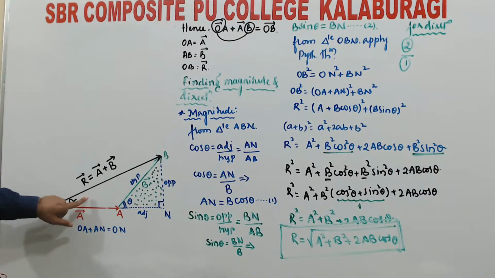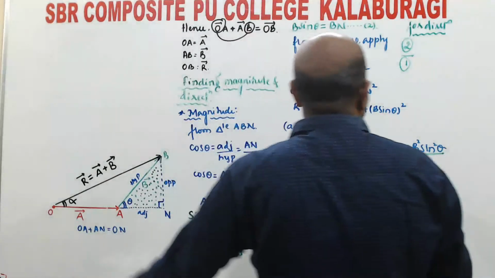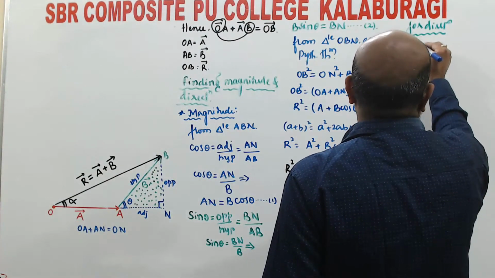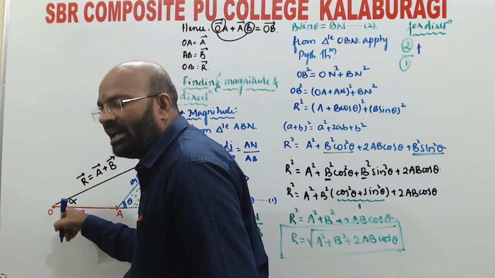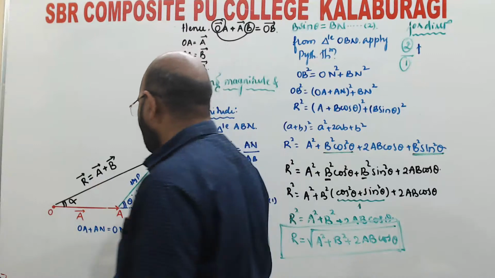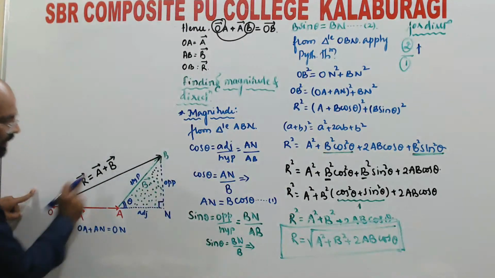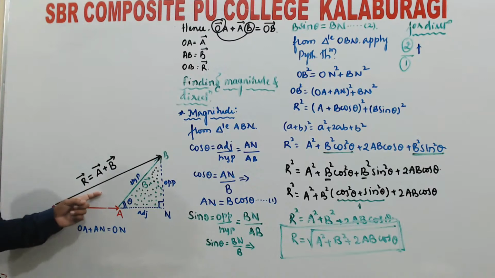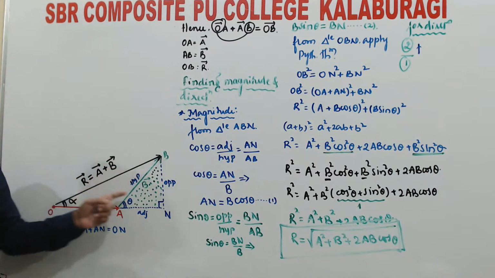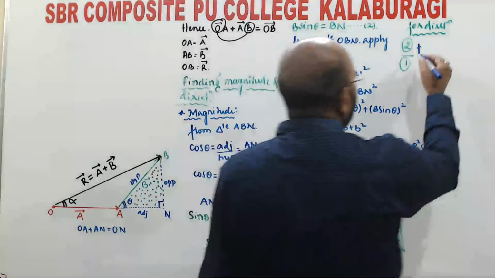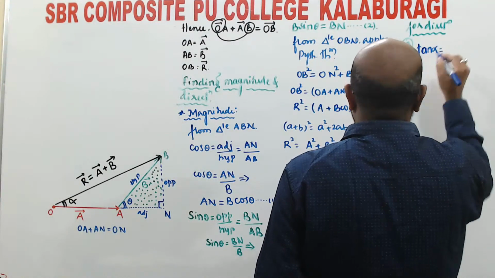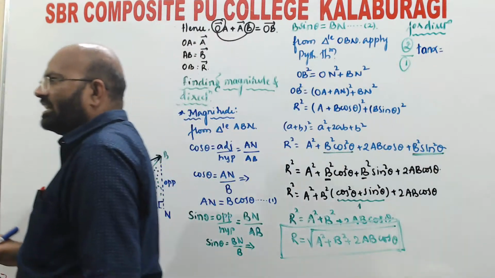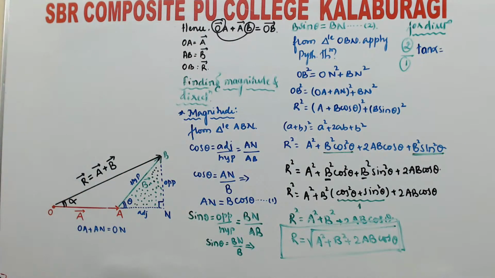For this angle we have to find out: tan alpha is equal to sin theta by cos theta. But here, this angle will be called alpha. This is the resultant that occurs due to the overall. And hence, we find the corresponding direction related to the two vectors. Therefore, tan alpha is equal to sin theta divided by cos theta.